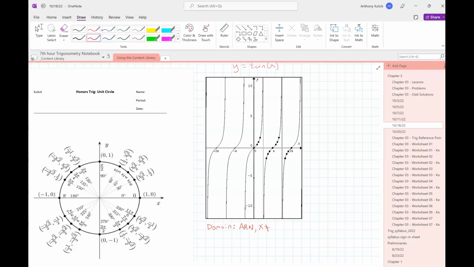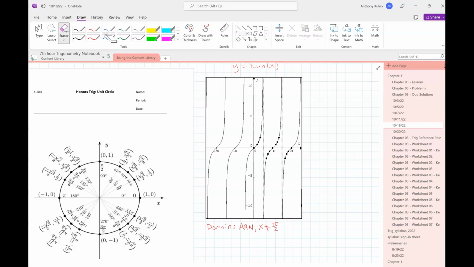So how many asymptotes do we have? Infinitely many, right? Because this graph just keeps repeating forever. So we're going to keep getting asymptotes forever. Everybody okay with that idea? So the way we're going to do that is we're going to describe the asymptotes with a location of one of the asymptotes. I'm going to use that one that happens at pi over 2.